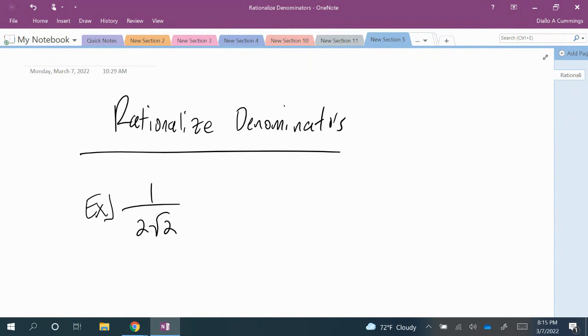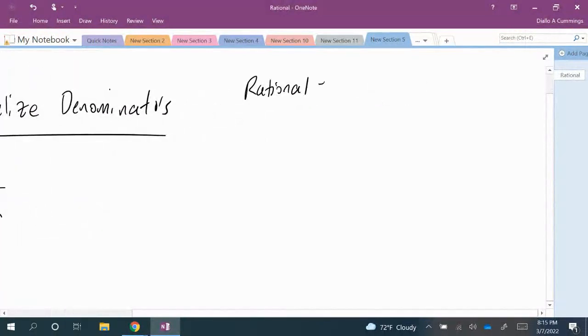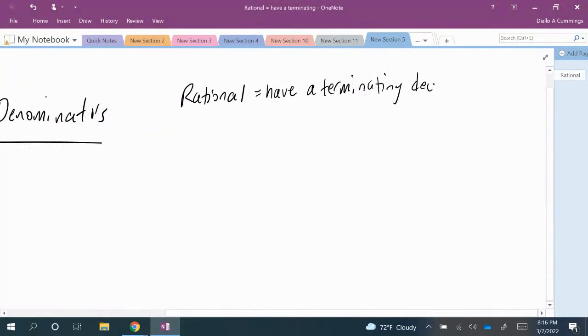A rational number is a number that has a terminating decimal or a repeating decimal.